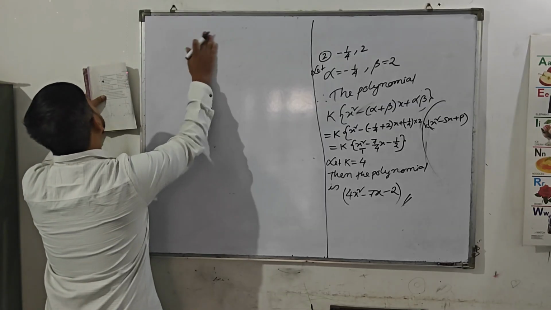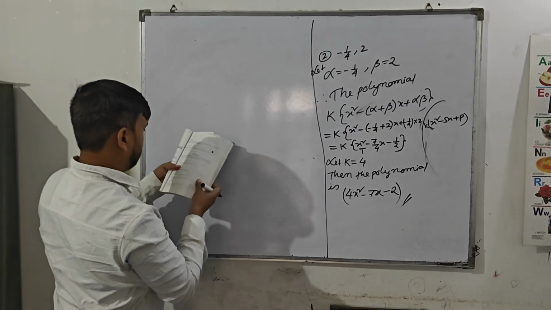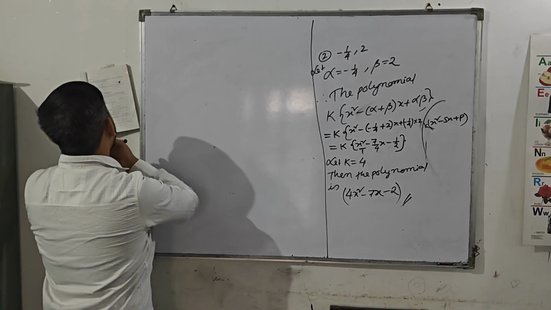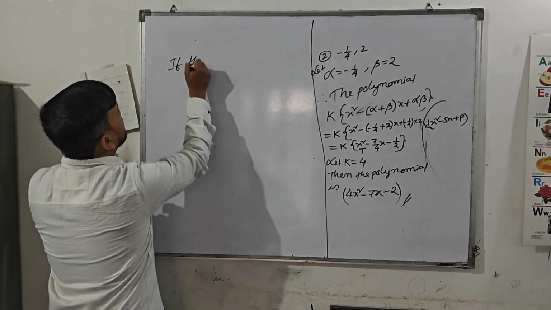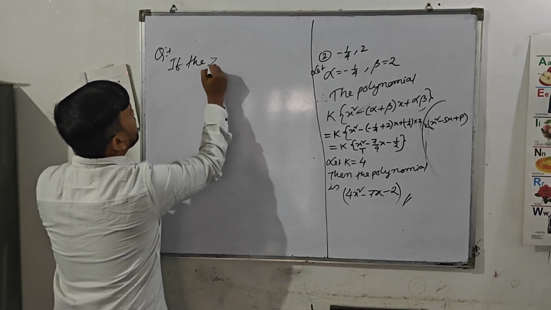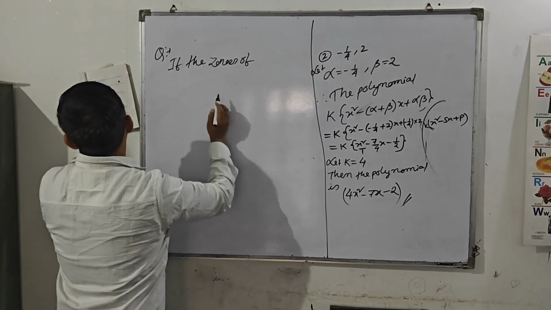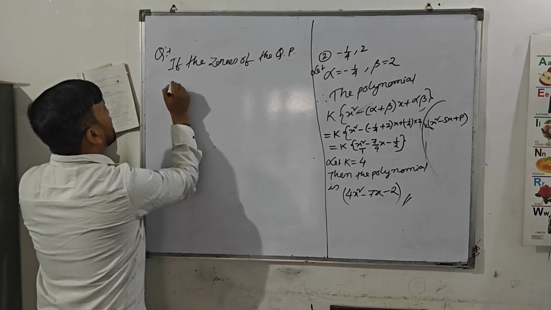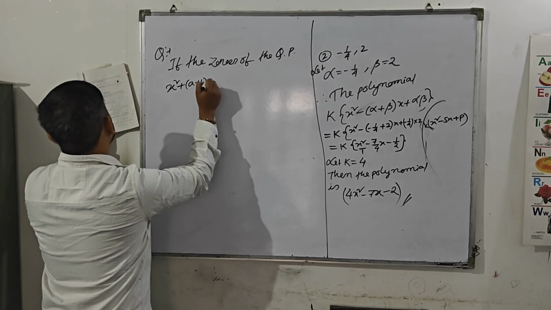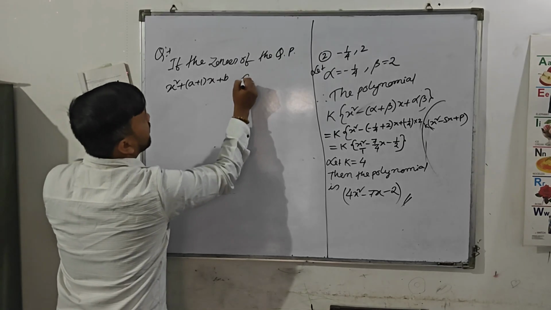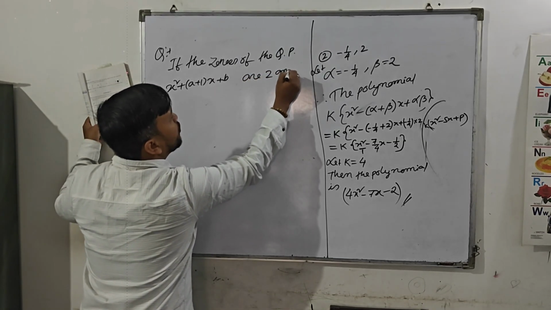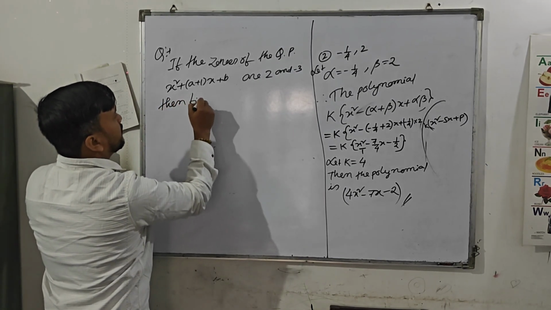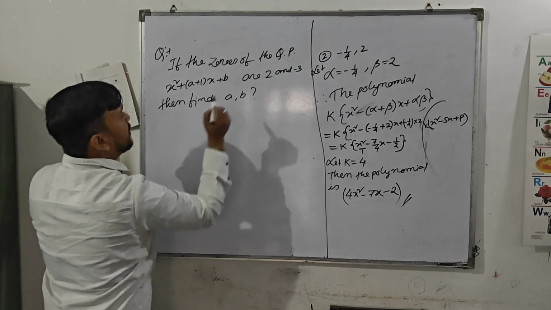I have written the question, read it. MCQ: if the zeros of the quadratic polynomial x square plus (a plus 1) into x plus b are 2 and minus 3, then find ab.